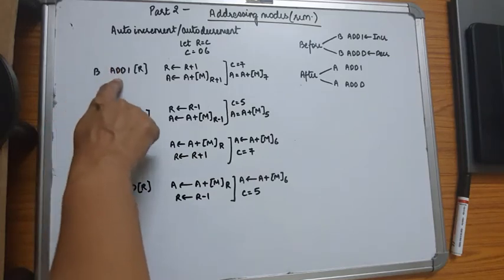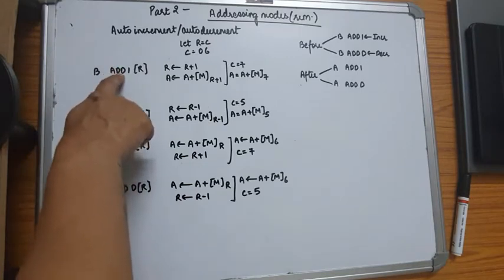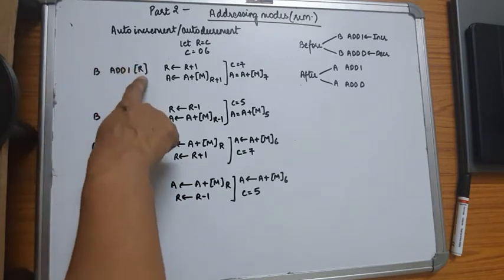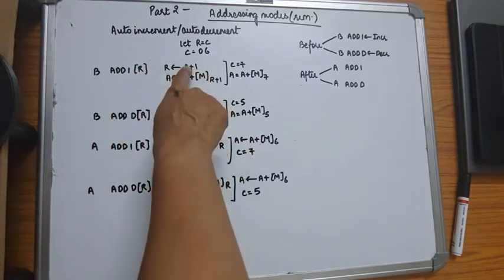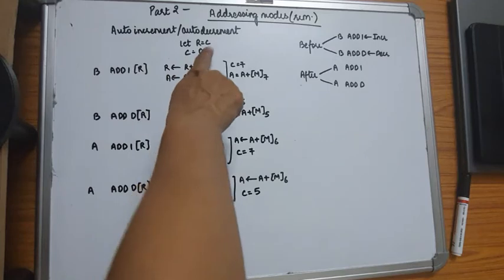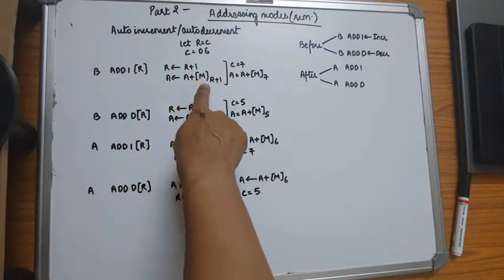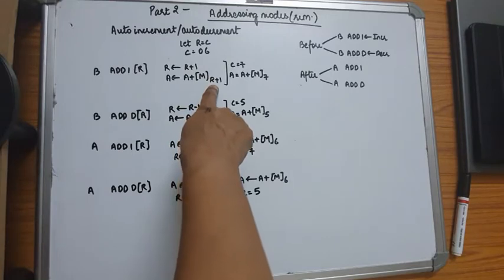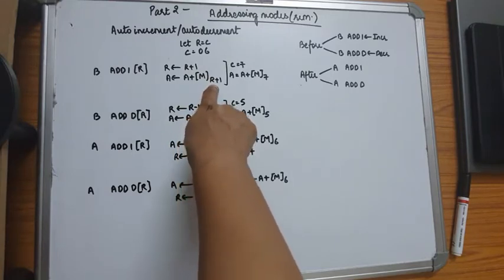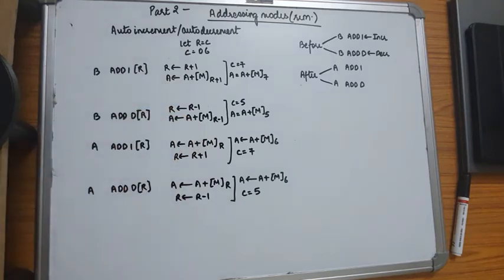Prior to executing this instruction, you are required to increment the contents of register R. So we've incremented the contents of register C, which was holding 6 and now has become 7. I'm bringing the content from memory location M whose address is 7. So I am bringing the contents from location 7, adding it to accumulator, and storing the result in accumulator.